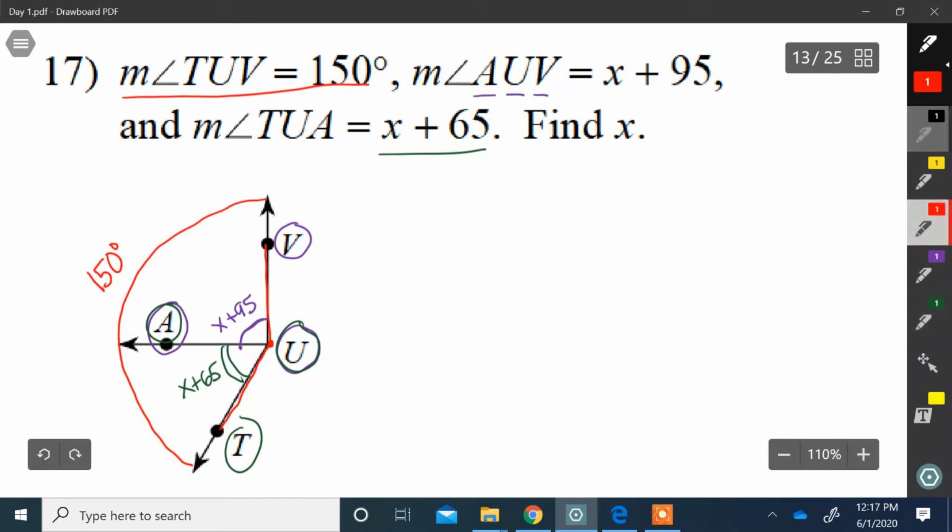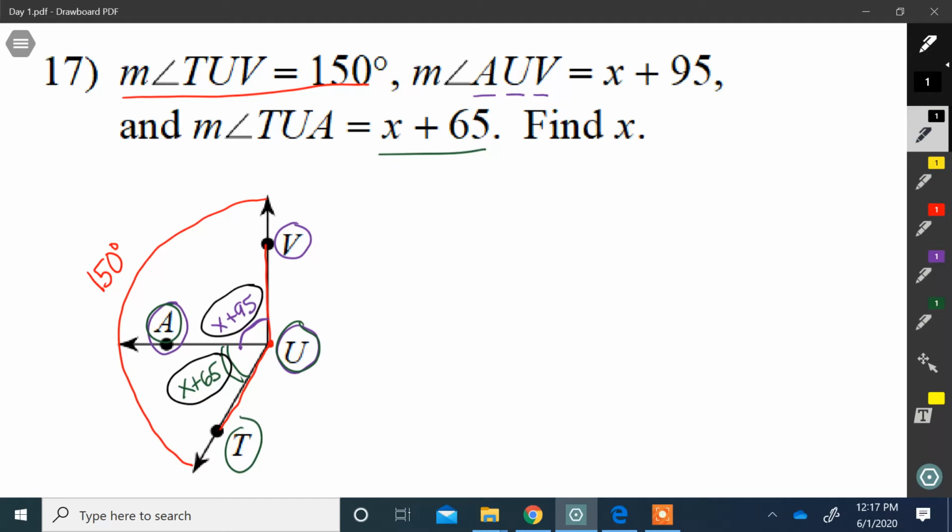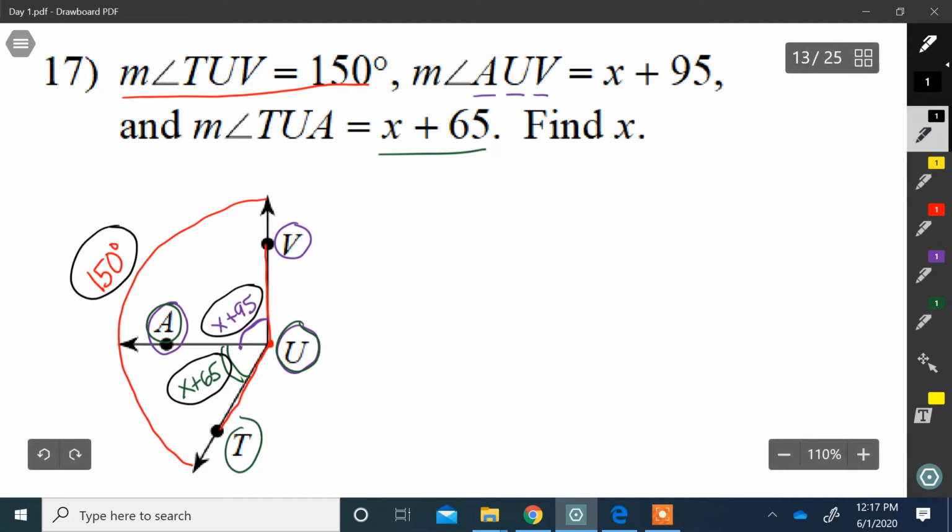Well, it's very simple. The angle addition postulate says that this plus this has to add up to 150. It makes sense. So x plus 65 plus x plus 95 has to equal 150 degrees.